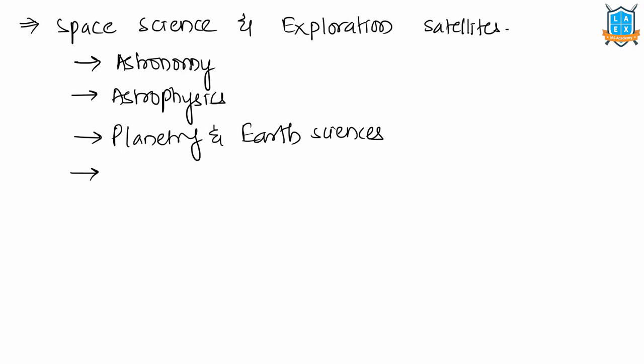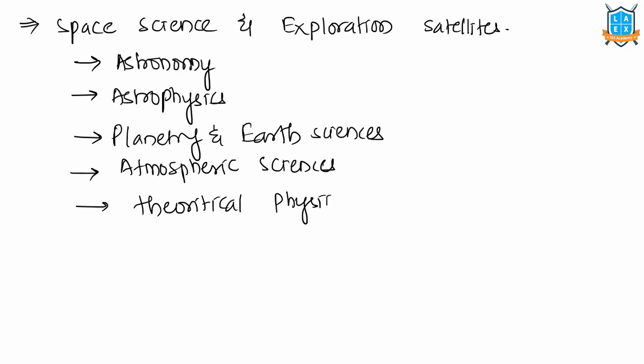Because Mars is very near to the Earth, we are identifying and observing the survival of human beings there. With these satellites we are observing different planets for their activity and functions. It is also used for atmospheric sciences and theoretical physics.